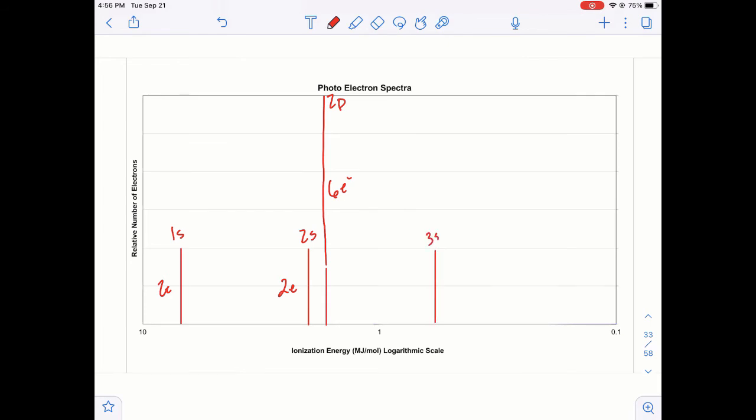My third energy level, s. And then for phosphorus, 1, 2, 3, 4, 5. Is that right? Oh, no, 3. Sorry. 3 electrons in the p.